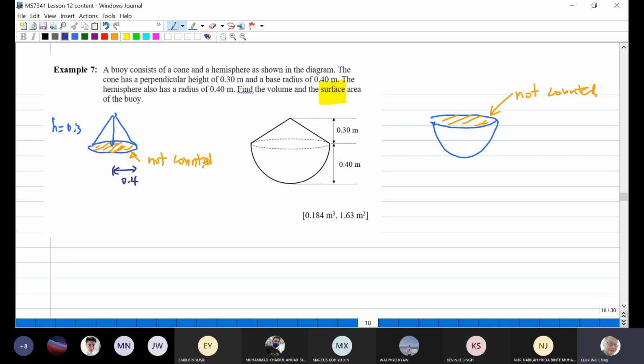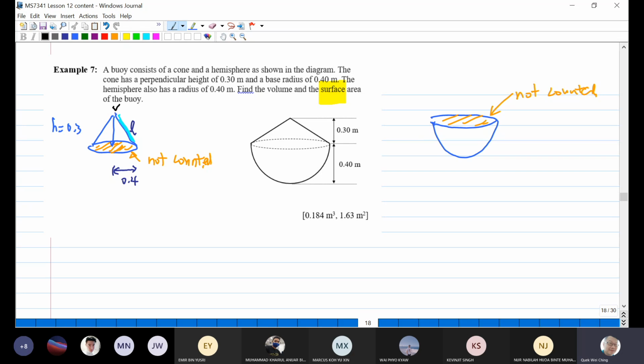So what is the side surface? The side surface, when you open it up, you get something like this, a slant height L here. When you open this up, there's a vertex V here.